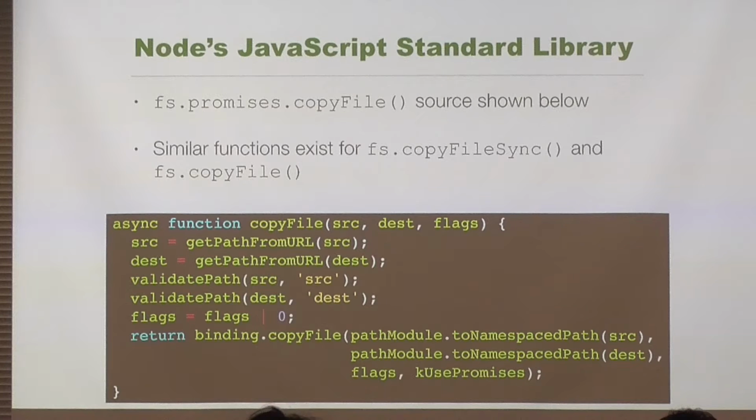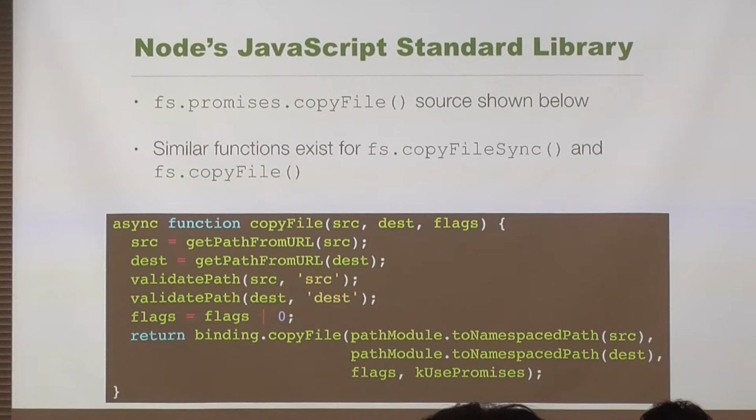Then we're going to look at the flags. So there are different flags that can be passed to the copy operation, like copy on write, fail if the file already exists, things of that nature. And the or 0 is kind of a V8 trick to force the value to be coerced into a 32-bit signed or a 32-bit unsigned integer.